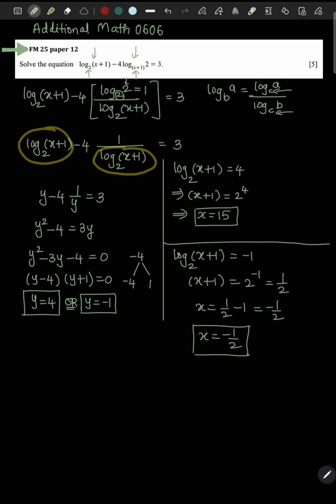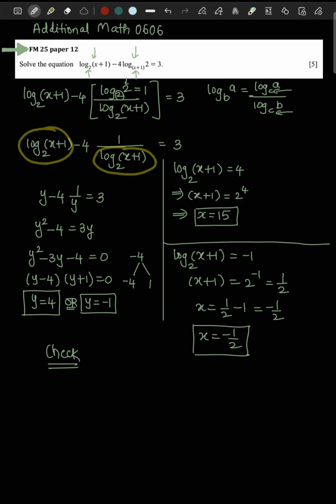Once you get the values, we need to cross-check with the given equation whether any of these is not satisfying the given equation, because especially in the logarithm case you need to do this for sure. If any of the x values are giving negative log terms, in such cases we need to reject that x value. So over here, first check for 15.